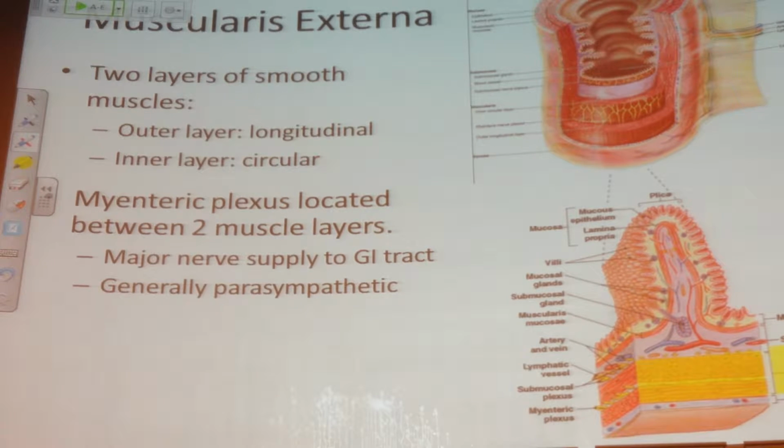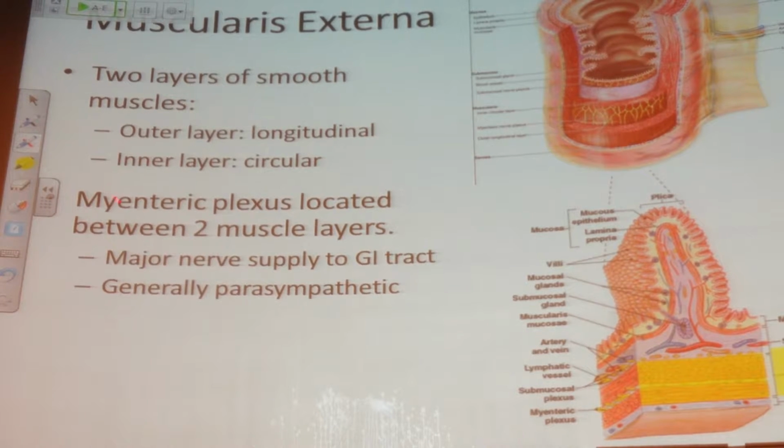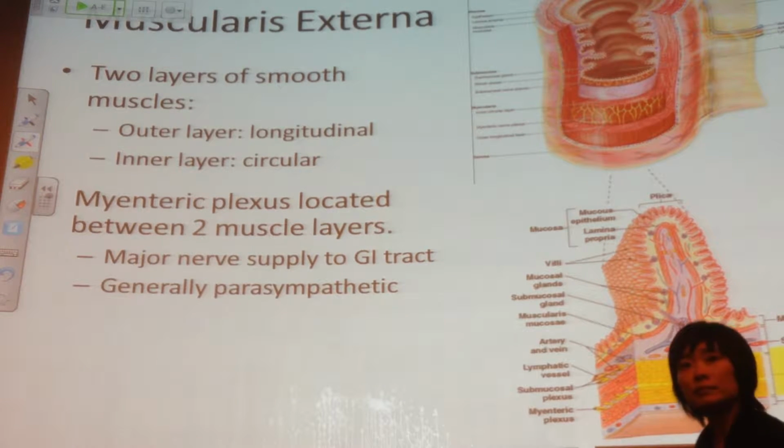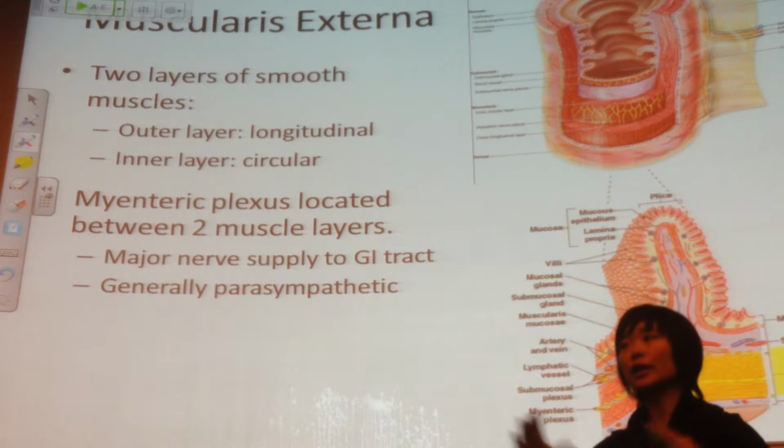Between these two layers, you can find another nerve plexus, which is called the myenteric plexus. This holds most of the nerves in your GI tract. It's a very powerful myenteric plexus, which is a part of your enteric nervous system. So, what does the longitudinal layer do?